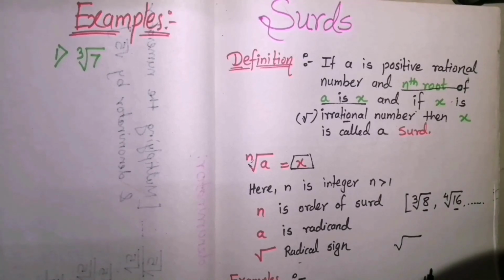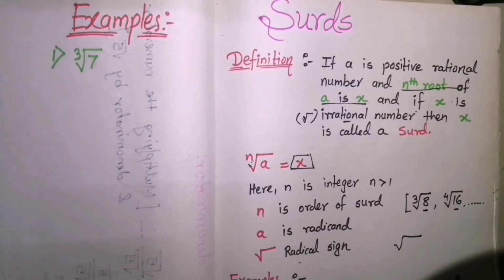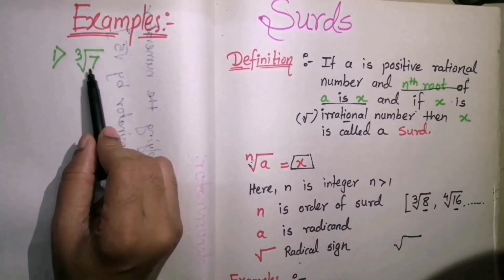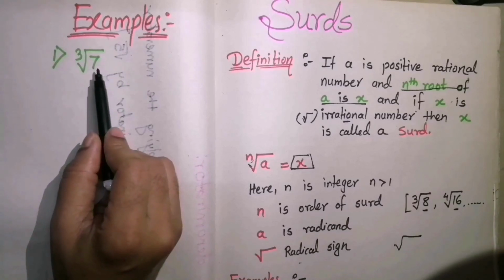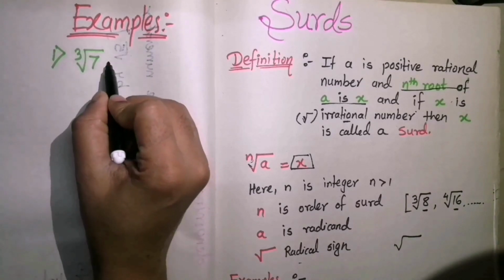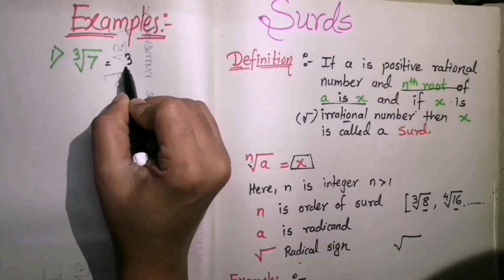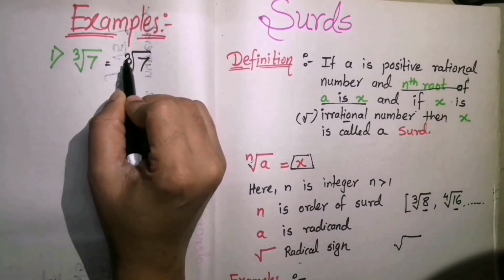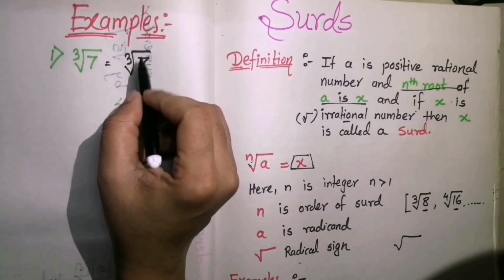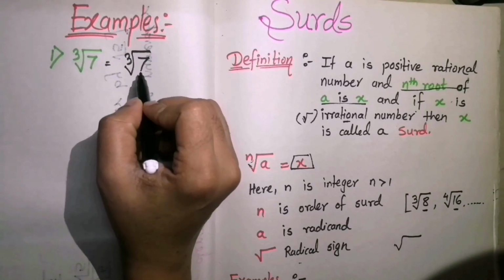So students, I have one example for you. Just listen carefully. Look here. We have the cube root of 7. So how to solve it, students? First write down the cube root of 7. Now can you factorize this 7? No. Root of 7 is an irrational number.